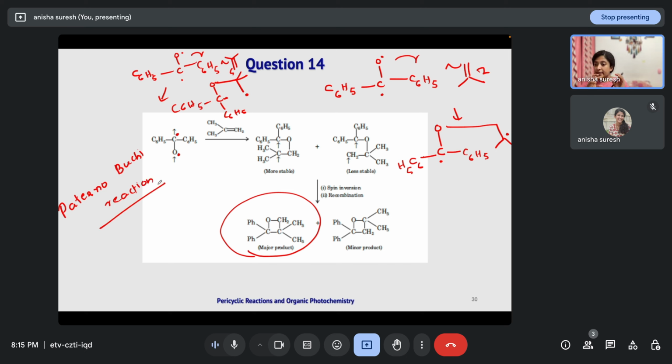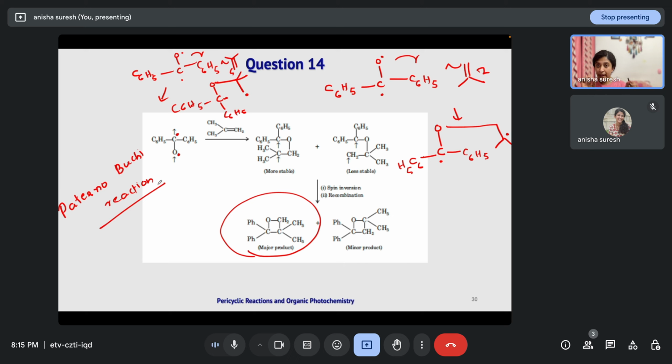So is it clear why the regiochemistry is favored for the major product? Because upon recombination of this oxygen radical with the alkene, the radical that will be formed will be more stable in the case of the major product, because the radical that is formed is a tertiary radical.